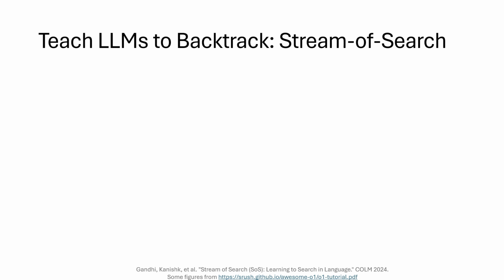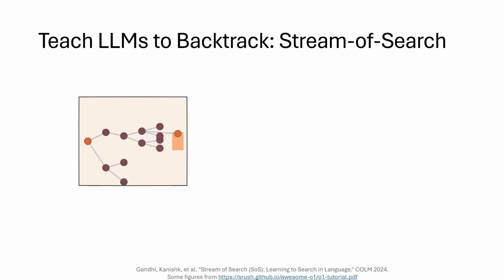Let's start with something simpler called the Stream of Search approach, published at the recent COLM 2024 conference. Again, I want to thank Searchformer for providing these great materials for teaching.